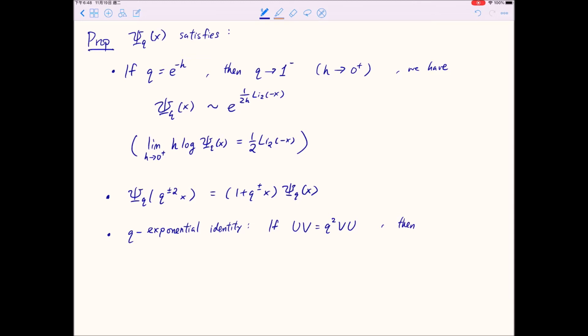Then if I write everything as a power series in u and v, then we have psi q of v times psi q of u equals psi q of u plus v. So this just looks like the usual exponential identity, right?